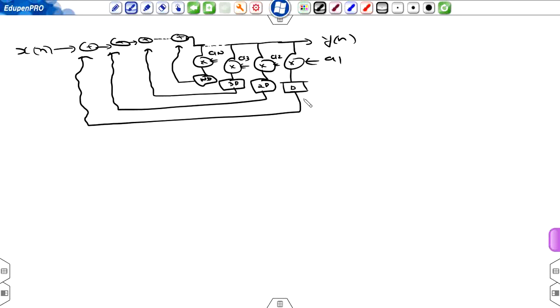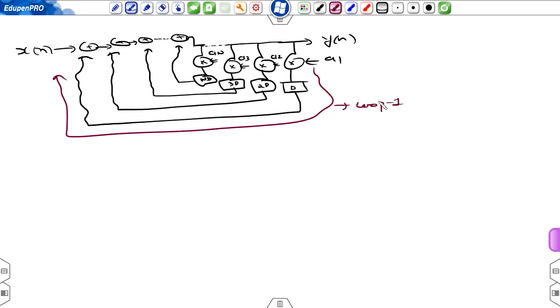Now here you can see that this has loops. This is loop number 1, this in blue color is loop number 2, and this one is loop number 3.